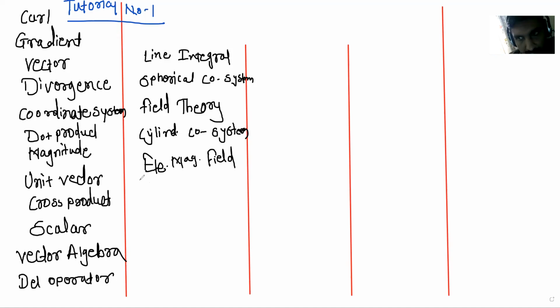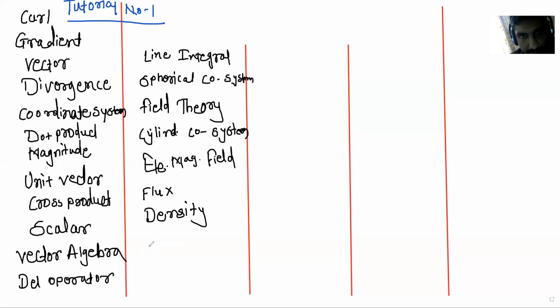Now I will help you write down some of the words. Density. Flux and density. Okay, you mentioned flux and you mentioned density. What else?